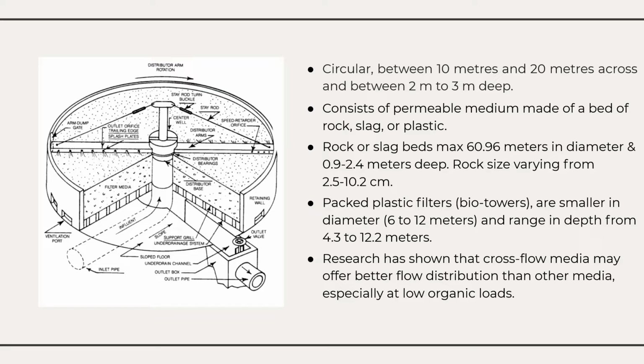Packed plastic filters, also known as biotowers, on the other hand, are smaller in diameter, which is 6 to 12 meters or 20 to 40 feet, and range in depth from 4.3 to 12.2 meters, which is 14 to 40 feet. Research has shown that cross-flow media may offer better flow distribution than other media, especially at low organic loads.